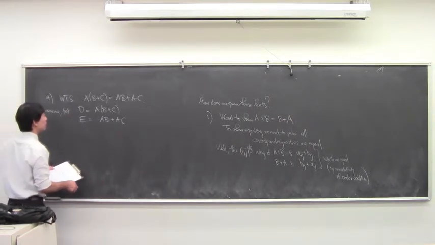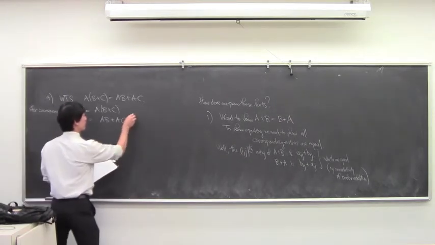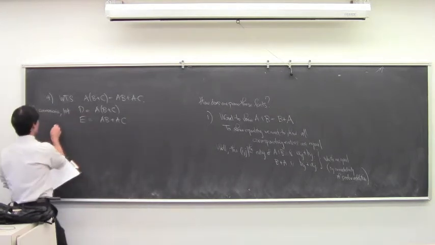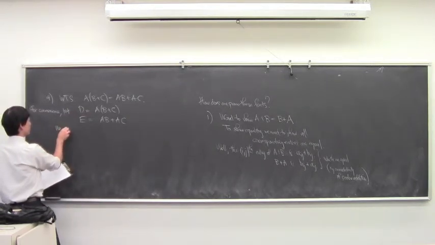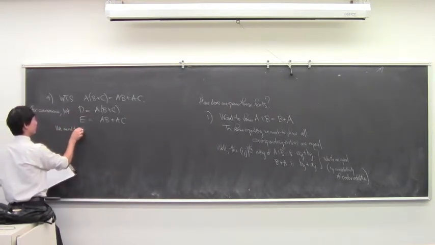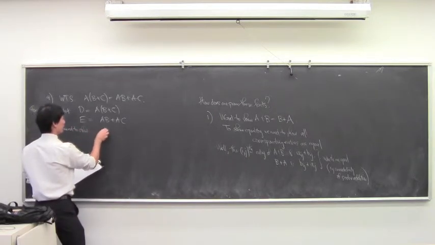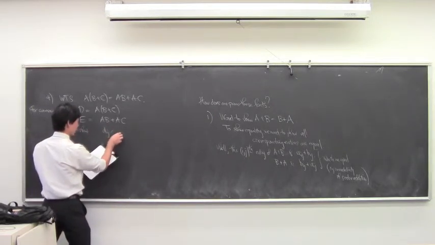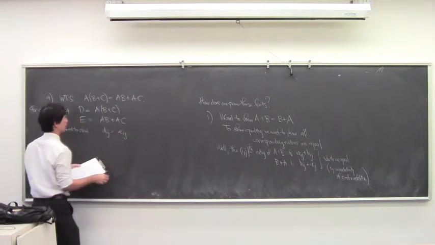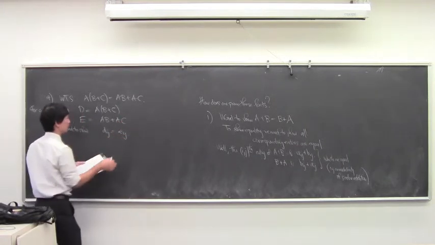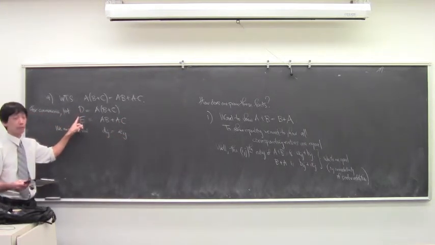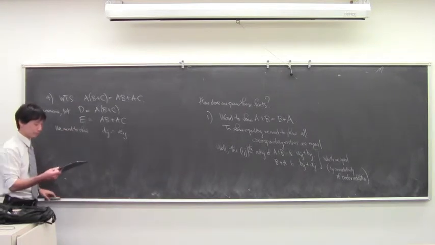Of course, we need to show that Dij equals Eij, where these are the ij entries of the corresponding capital letters.